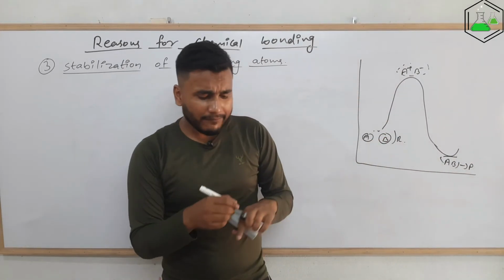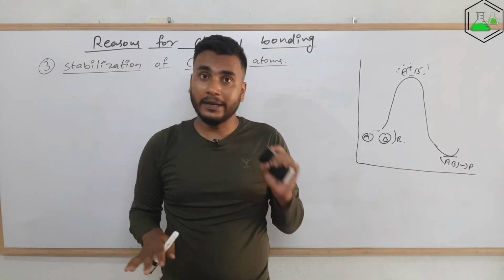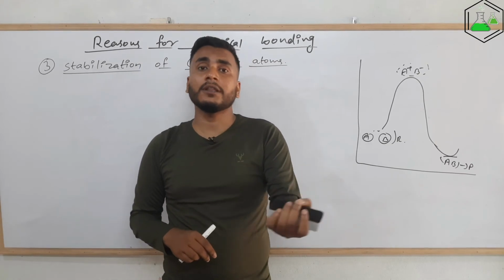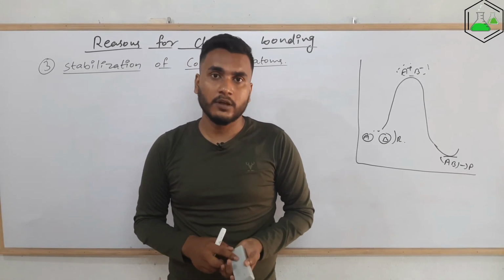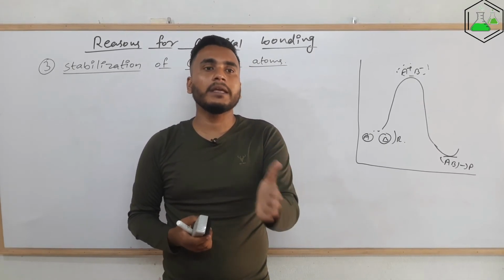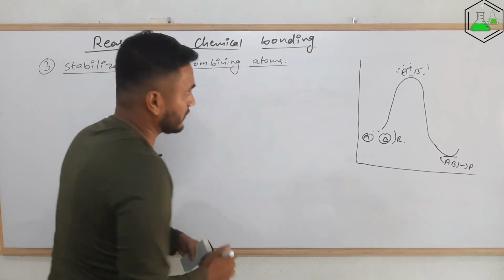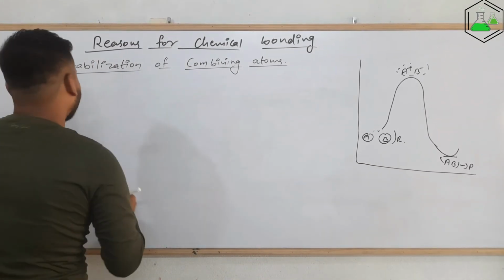So if different elements combine together, they lose some energy, and that is the reason for the stabilization of different atoms. They have to do that because they want to be stable, and to be stable, if they have to lose energy, they will do that, whatever it takes, right?